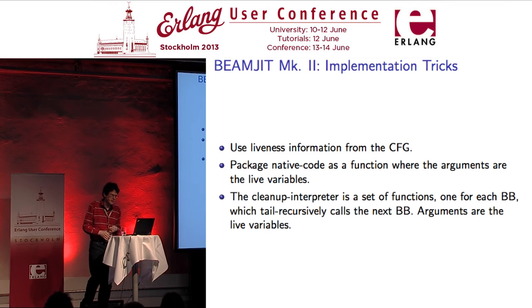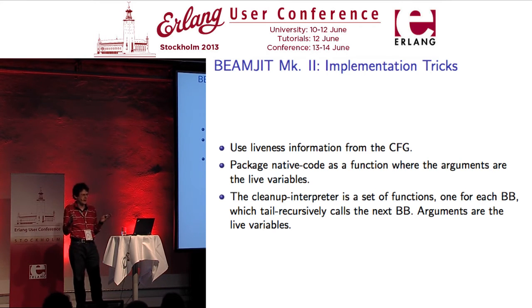So it's actually possible to efficiently choose which set of live variables to restore, and also when we're calling native code, package that native code as just an ordinary function with a set of arguments. And the arguments are the live variables, which are live on entry to the trace. So you can just call it using an ordinary function pointer.